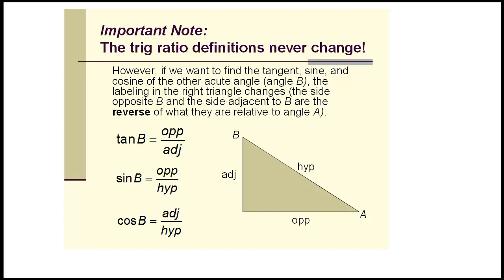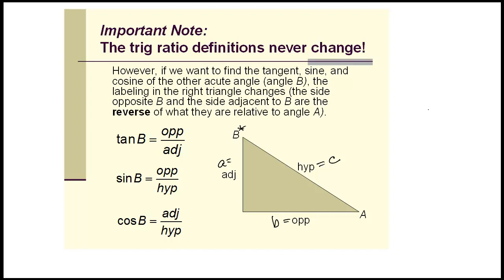That means the side opposite B and the side adjacent to B are reversed from what they are relative to angle A. So now, with respect to angle B, side B is opposite, the adjacent side is now A, but the hypotenuse is always going to be C. But it's still tangent of an angle is opposite over adjacent, sine of angle B is opposite over hypotenuse, and cosine of the angle is adjacent over hypotenuse.